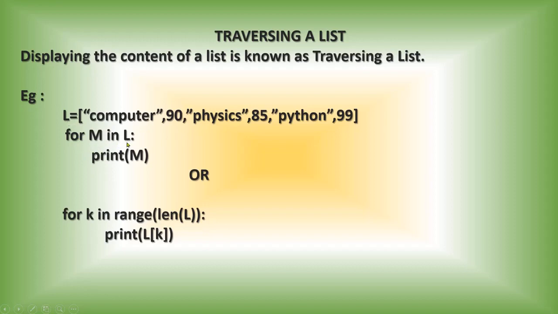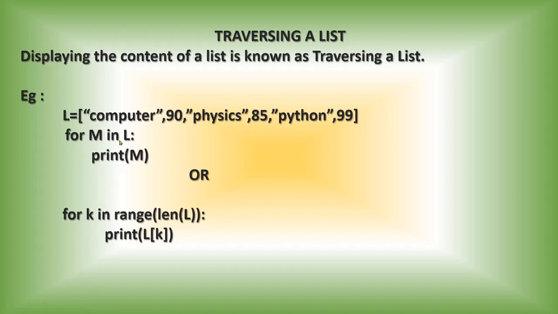For M in L means you will get each element of the list L stored inside the variable M. In the first iteration, the first element of the list L will be stored inside the variable M. In the second iteration, the second element will be stored in M. And each element of the list will be stored inside the variable M and displayed over there. That is the first method.